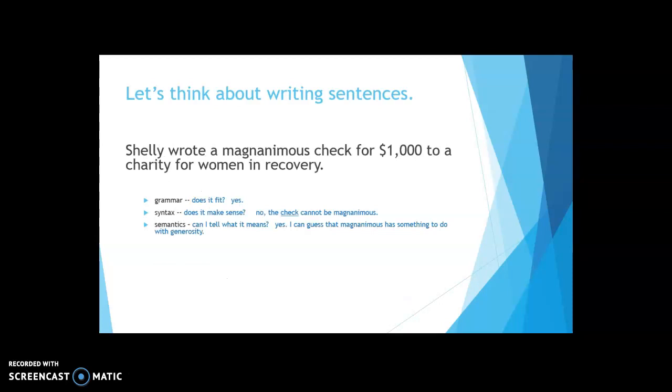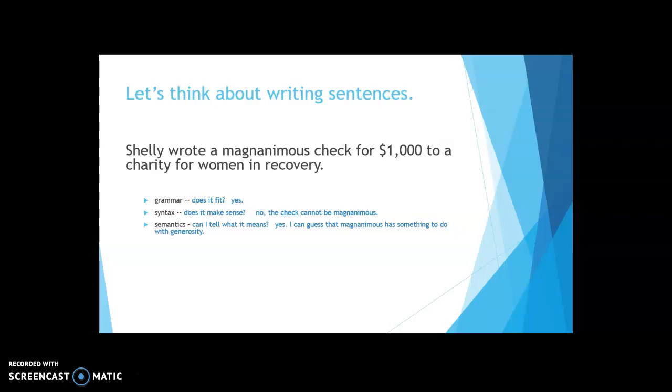So now let's get to semantics, or the meaning of a word. Sometimes in a sentence, when we're writing a sentence that has good context, we add things to help explain what words mean. You may have by now paused the video or looked up the word magnanimous, and you might find that magnanimous means generous or forgiving.